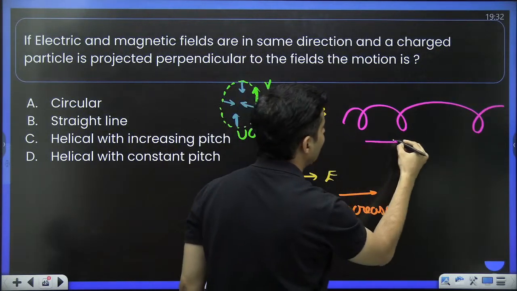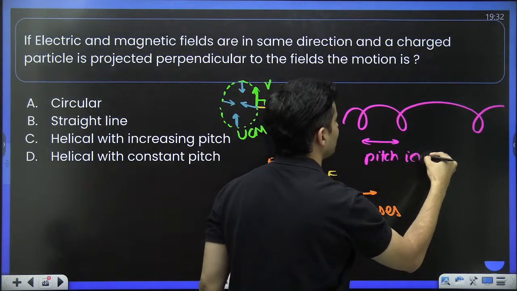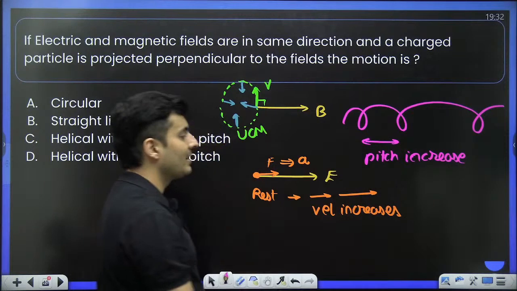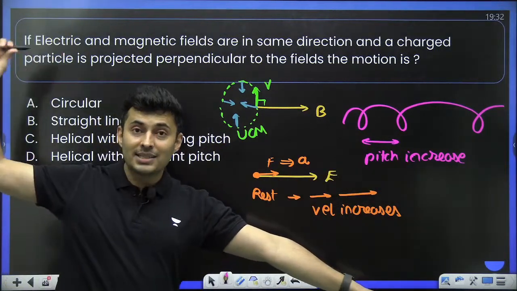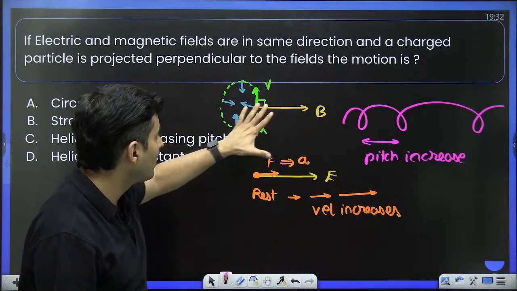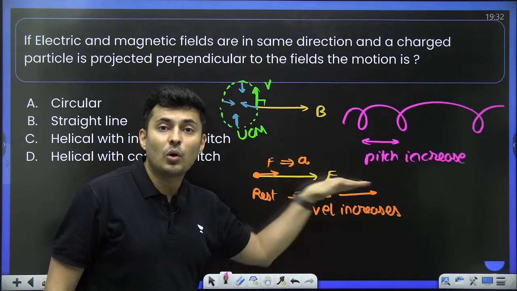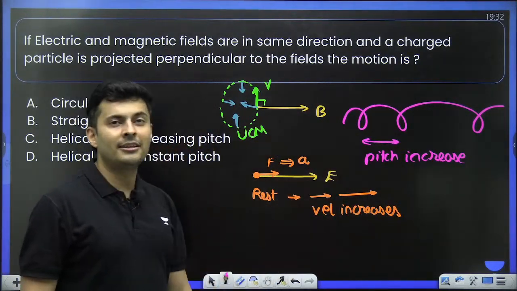So basically the pitch increases. Why does the pitch increase? Because the velocity increases. In the previous case 2, which we had done as a theory point, the horizontal velocity remained constant. It did not increase because there was no electric field in that case.